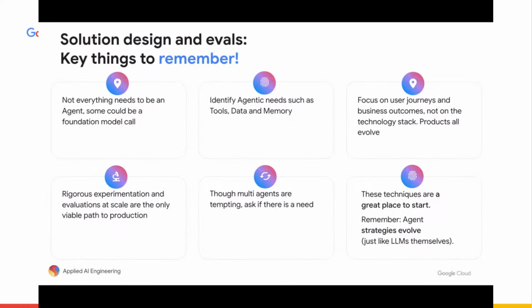We suggest starting where the users and the business needs are before figuring out the technology stack. The products, the models, the strategies, the patterns, all are going to evolve as it goes. So I would much rather focus on what your actual business use case is and the needs or impacts you're trying to drive.